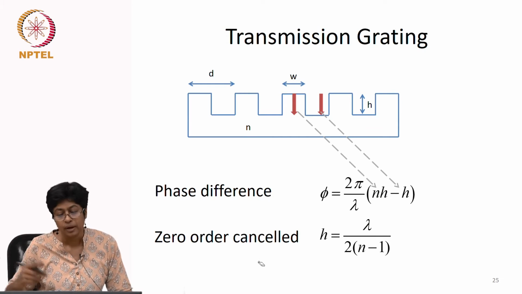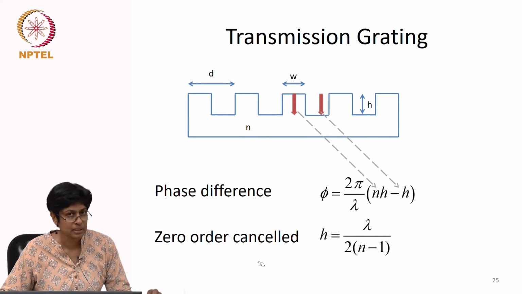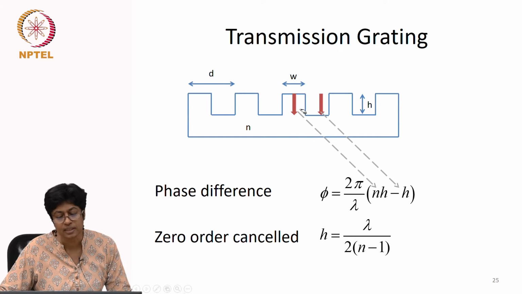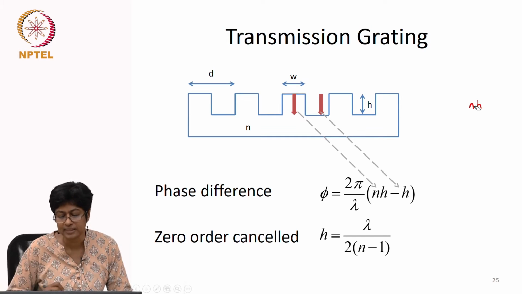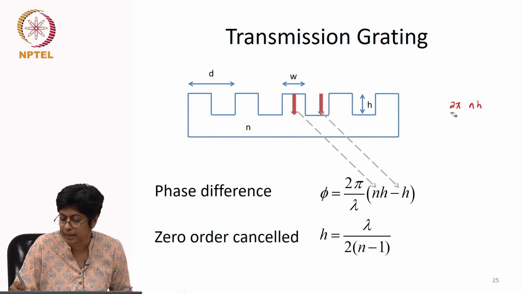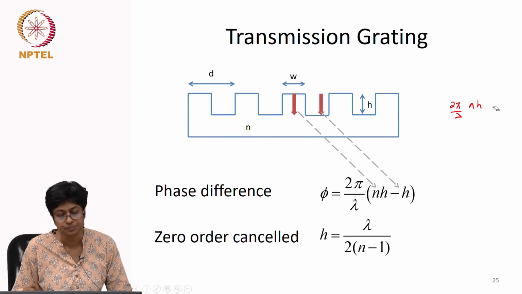Okay, so how does this help us figure out efficiency? Let's consider a beam that's incident, and we're only now looking at a part of that beam, the part that traveled through this section of the grating. So it went through a height h of refractive index n. So the phase seen by this part of the beam is 2 pi by lambda into nh.